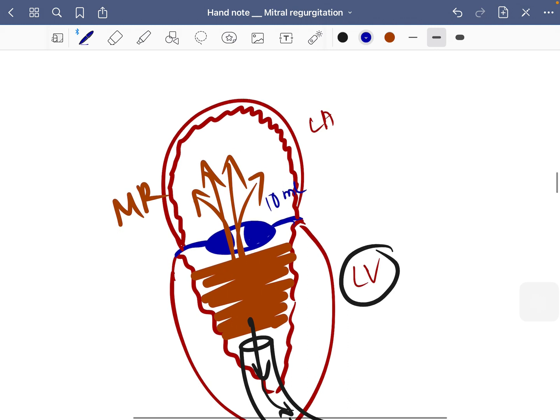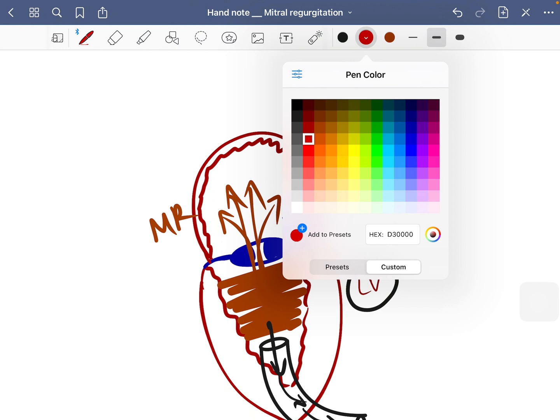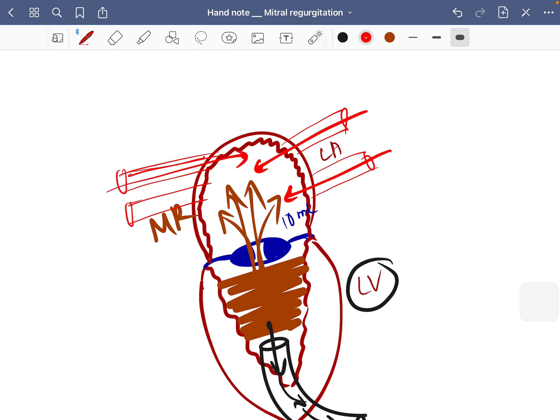It shouldn't be there, but due to mitral regurgitation, this 10 ml has come back. In the next cardiac cycle, the left atrium will also receive blood from the pulmonary circulation, as it normally does.